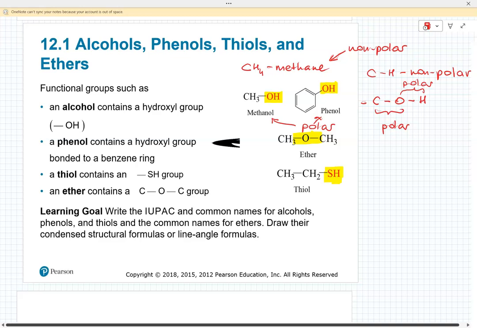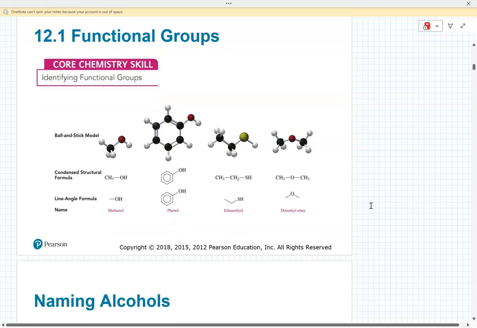Does that make sense? So the functional groups that we learned so far: hydroxyl, thiol or sulfhydryl, and the ether group. Okay?